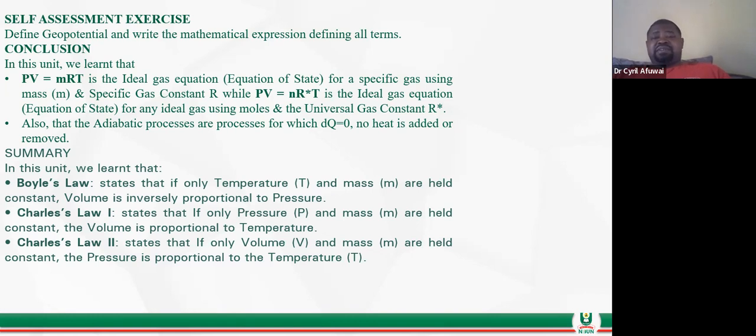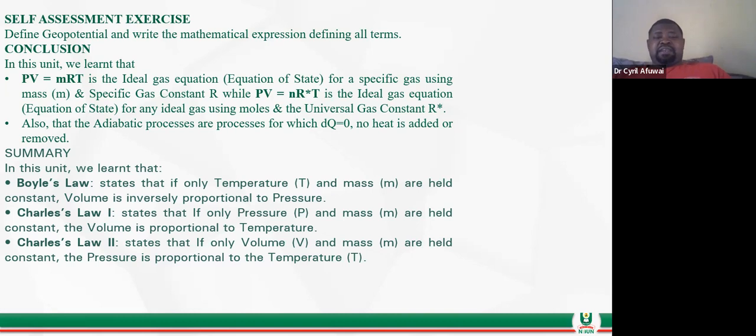R star stands for the universal gas constant. Also, adiabatic processes are processes for which change in heat is equal to 0. Q equals 0. No heat is added or removed. That is for adiabatic processes.